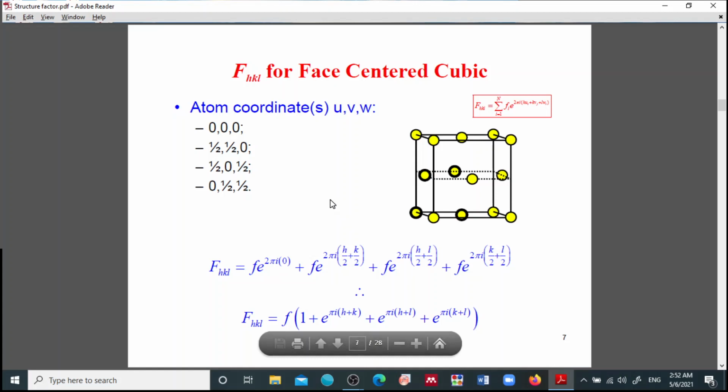So similarly, for face-centered cubic structure, we will choose 4 atoms because we have 4 points per unit cell, and out of these 4 atoms, 1 atom can be considered as our origin. So this is the corner atom in this structure. The coordinates for this corner atom are 0, 0, 0, and we can choose any 3 atoms at the center of the face.